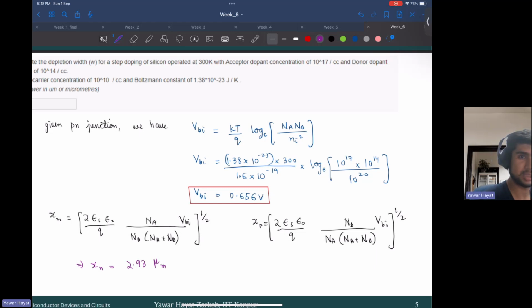Nevertheless, similarly, if you compute your Xp, it would be 2.93 into 10 to the power minus 7 centimeters.